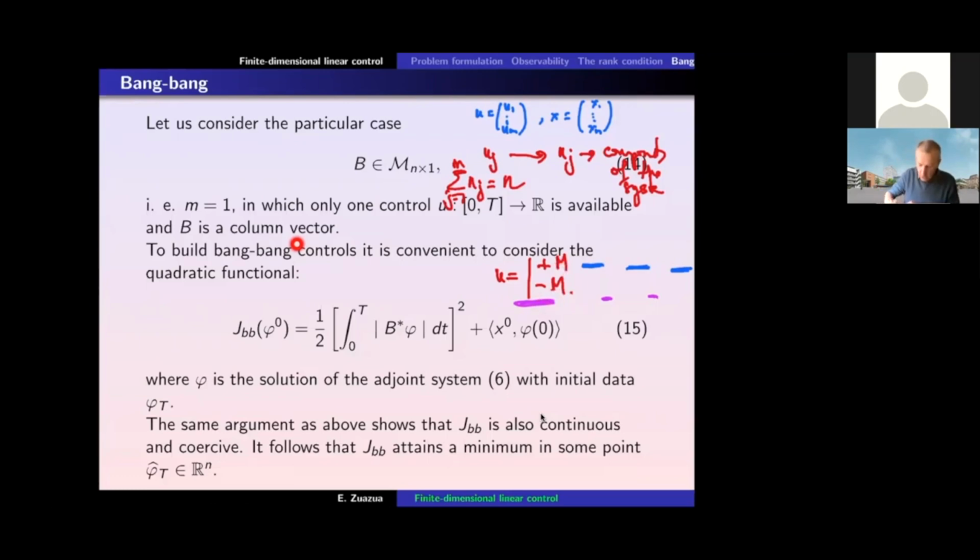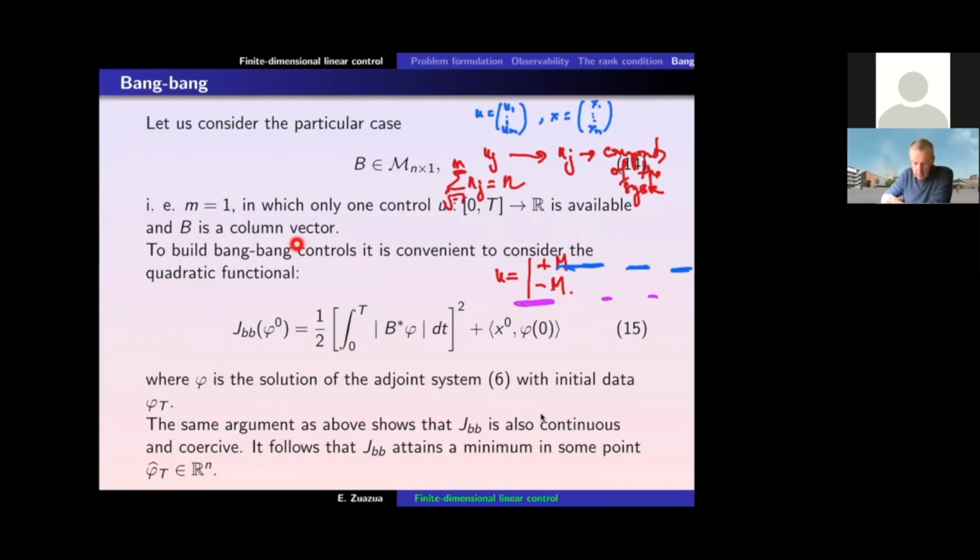Then you keep the control as m. And whenever the time arrives, you switch it off again to go to minus m. You keep minus m until the next switching time arrives, and then you switch it on again, and you have plus m. In this way, you produce a bang-bang control. Bang, bang, on, off. Okay, good.